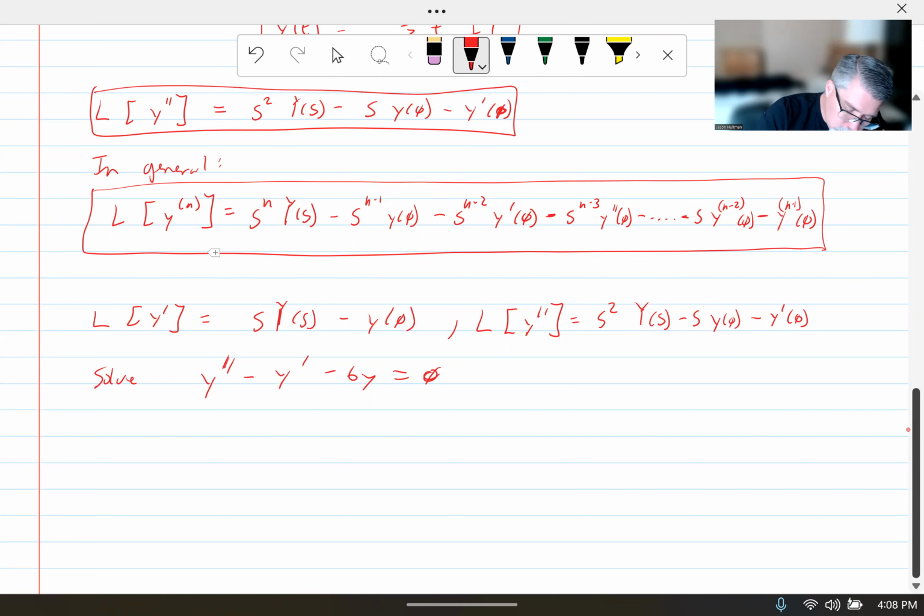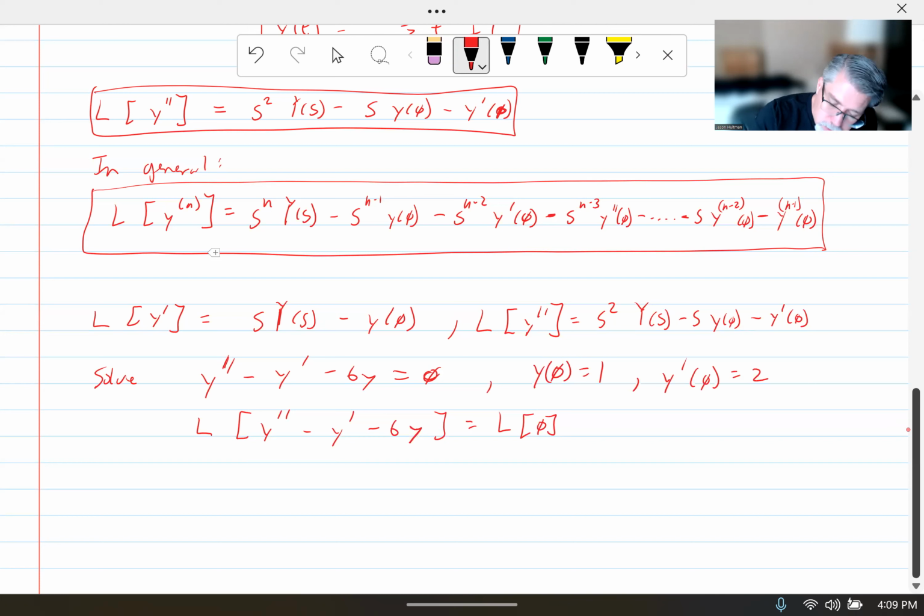Okay, so we want the Laplace transform of y double prime minus y prime minus 6y is equal to the Laplace transform of 0. And I do have initial conditions here, which I forgot to put. So y naught is equal to 1, and y prime naught is equal to 2.